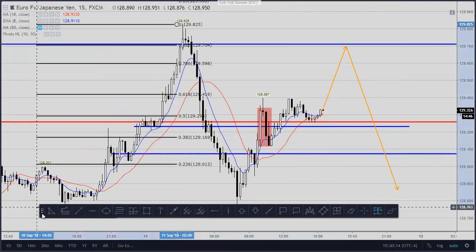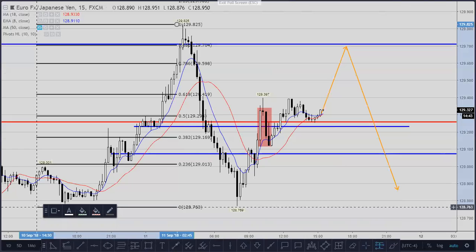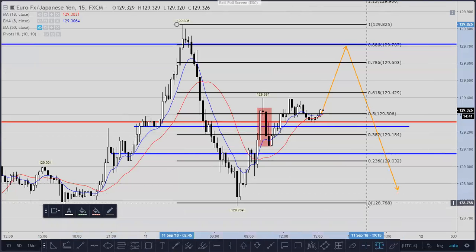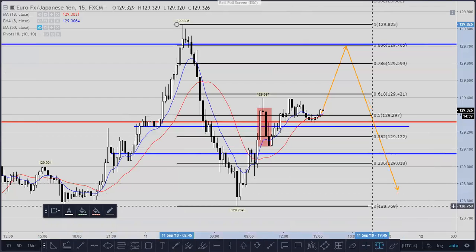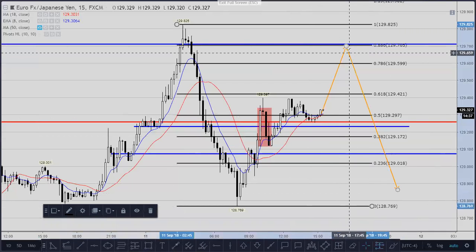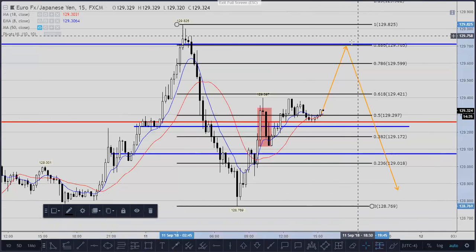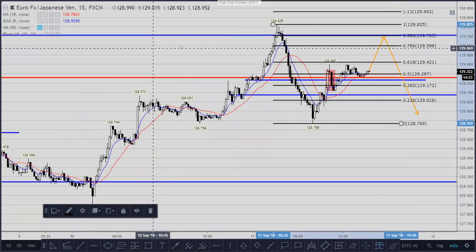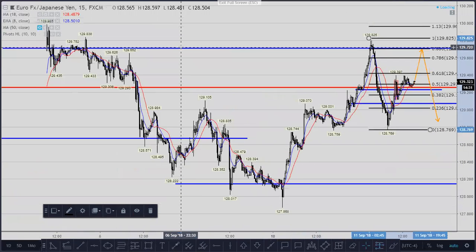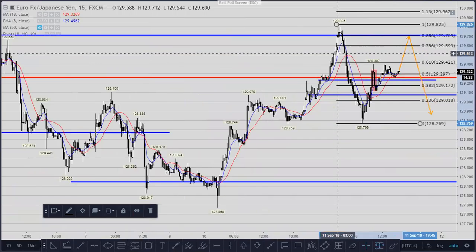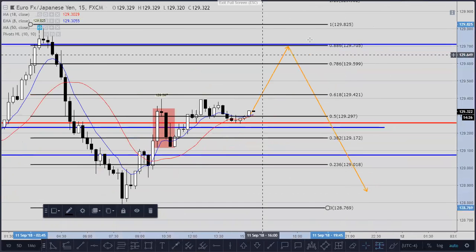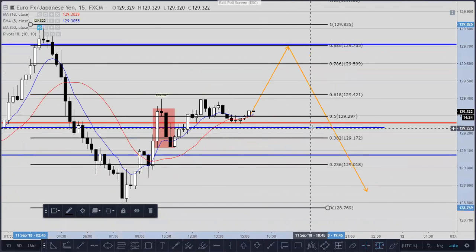Let me move this down. And then move this back over. All right, so that's perfect. And you can see where that 88.6% lines up right with previous structure resistance. We can see a double top in formation to continue its way down.